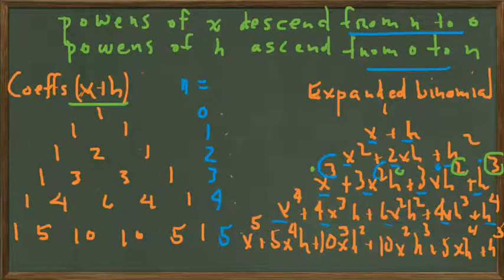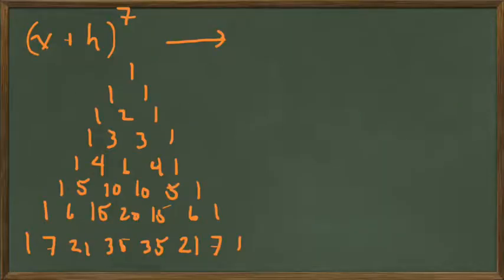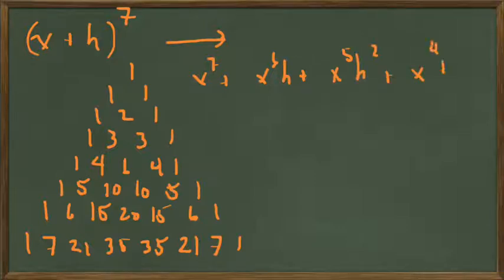We can see it also in x plus h to the fourth. Powers of x are 4, 3, 2, 1, 0, and the powers of h are 0, 1, 2, 3, and 4. So just one more example. If we wanted to expand x plus h to the 7th, let's put the x's and the h's in first. So we have x to the 7th, x to the 6th, h, x to the 5th, h squared, x to the 4th, h cubed.